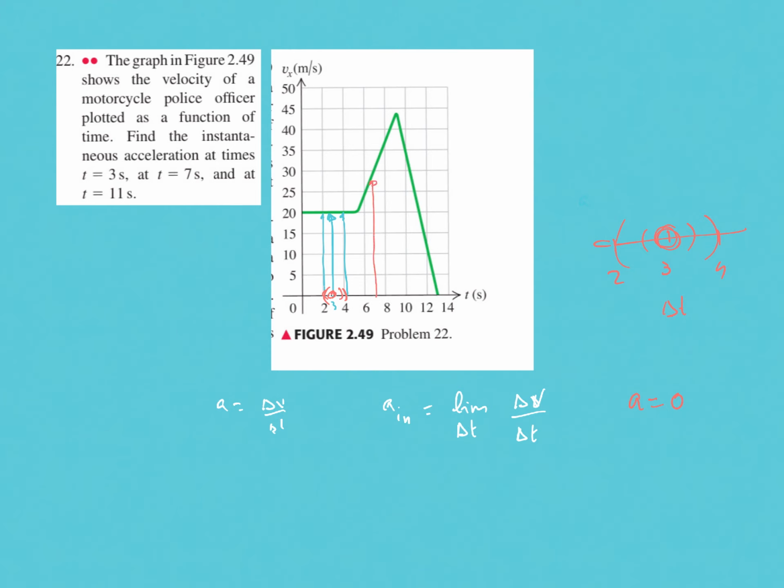So you will see very near the point 7. Time t a little bit bigger than 7, let's say 7.1, and a little smaller than 7, let's say 6.9.